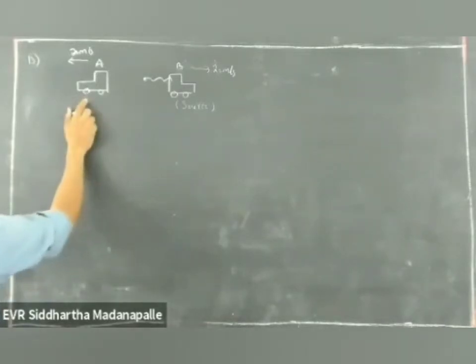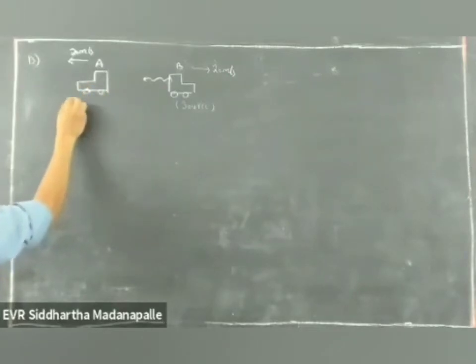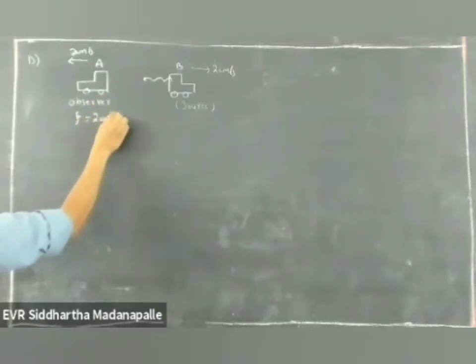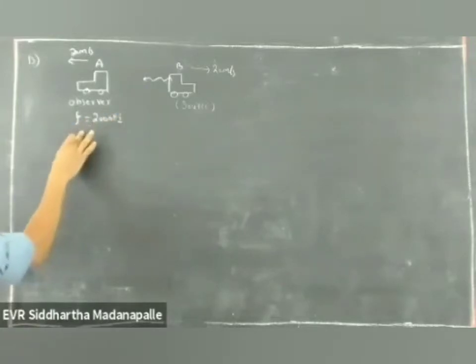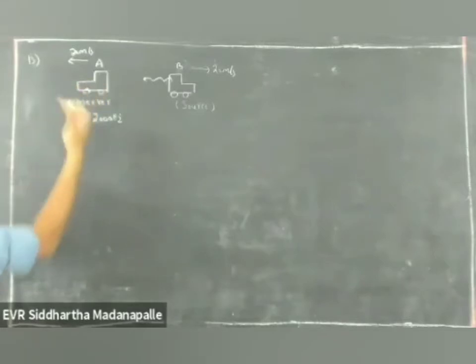So the frequency received by the observer is given as 2000 hertz. This is the apparent frequency, not the actual frequency. Since it says detect, A received the apparent frequency.